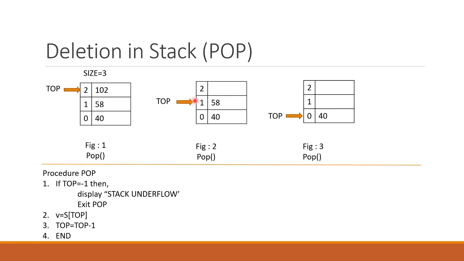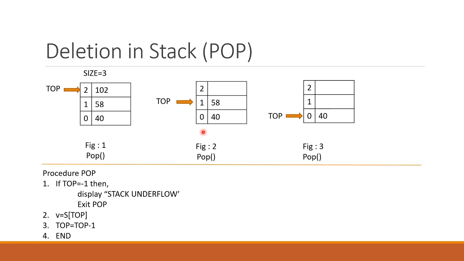The stack now starts from 0th location and ends at first location in the second figure. 102 is out of the scope of top, so it is not considered part of the stack. In this way, 102 is deleted from the stack and stored in v, where we can use it anywhere in our program.